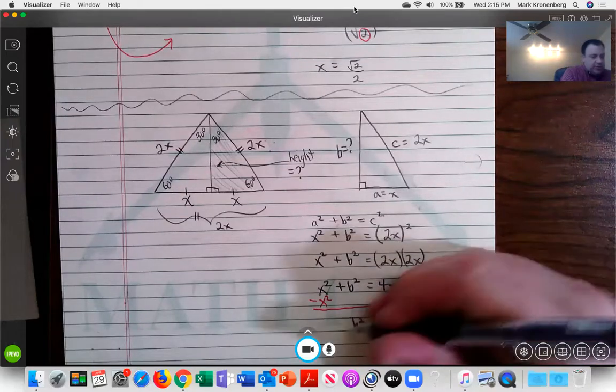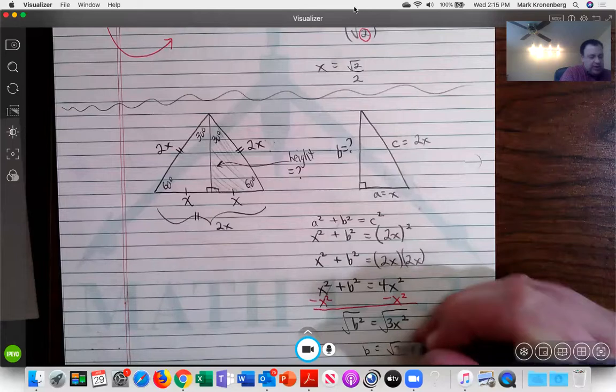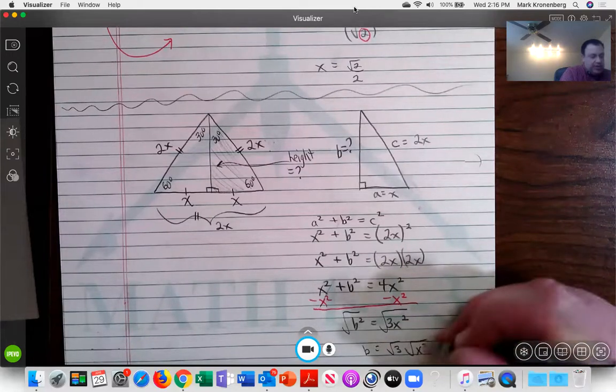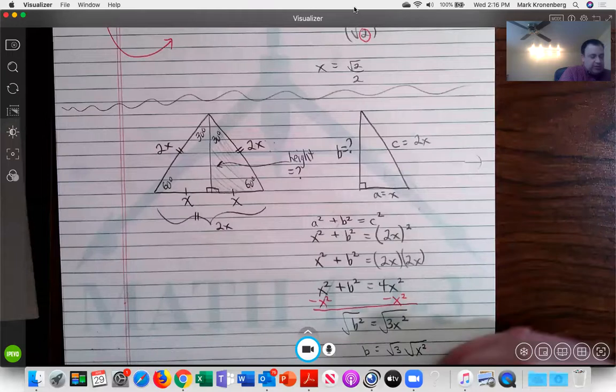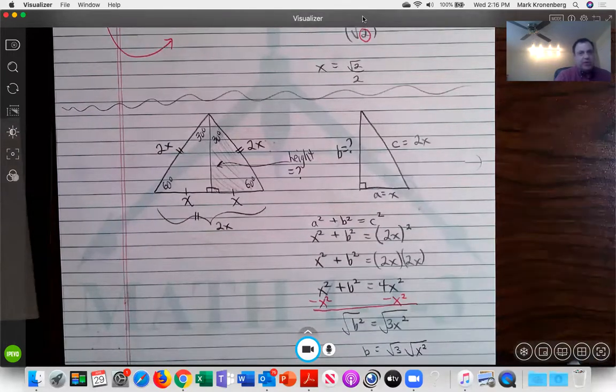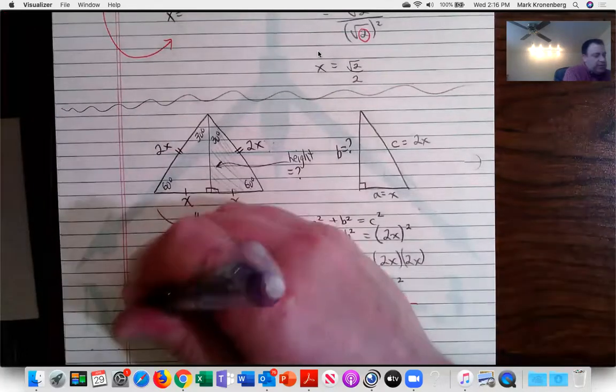And square rooting both sides, we'll now have b equals root 3 times root x squared. And again, we're only going to take into account the positive root. So this is going to be x root 3. This is an important pattern in the 30, 60, 90 triangle. Now we have x, 2x, x root 3. So let's take a look.